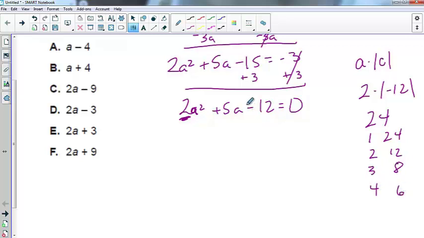Since I'm multiplying to get a negative, my signs must be opposite, so a positive and a negative. So how can I end up with a positive 5? Positive 8, negative 3. Do we agree with that? Now that I know what my two values are, what am I going to do with them?